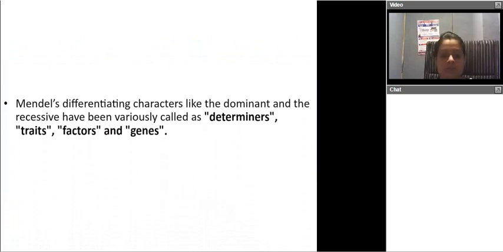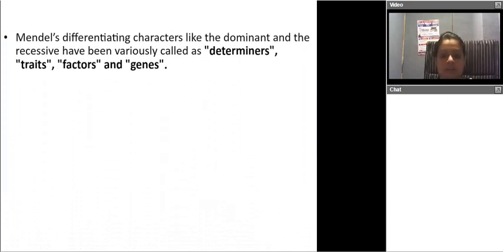These Mendel's differentiating characters, like the dominant and the recessive, are known as the determiners or the traits or the factors or the genes.